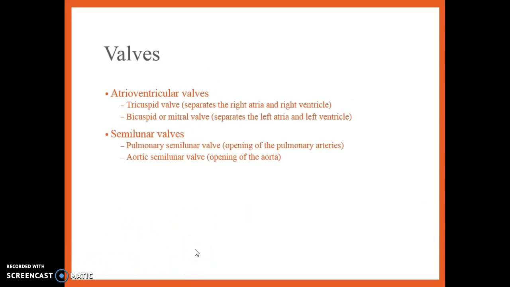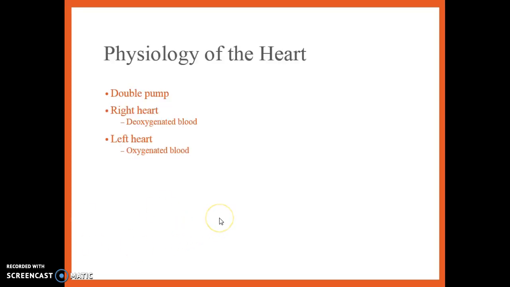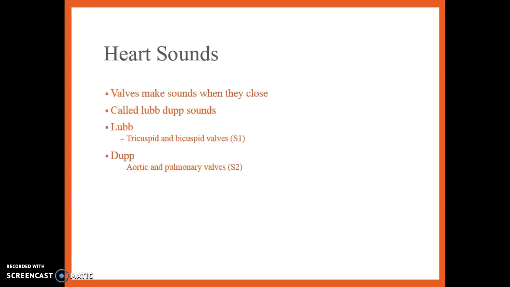The atrioventricular valves, that's the tricuspid and bicuspid valves, separate the atria from the ventricles, and then the semilunar valves are the ones from the ventricles to the arteries leaving the heart. We kind of talked about that already.